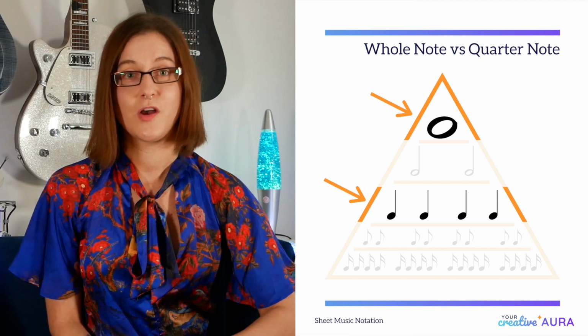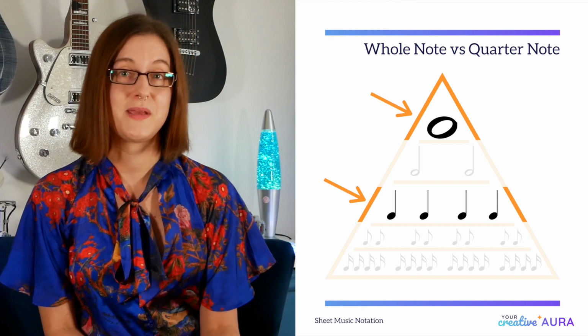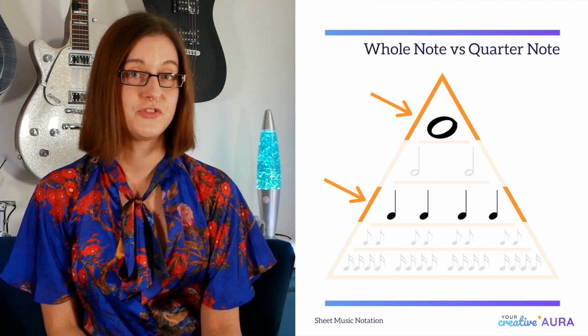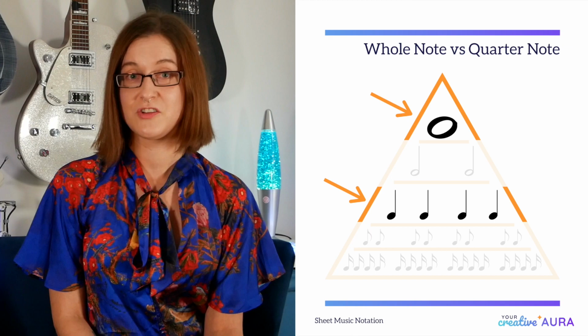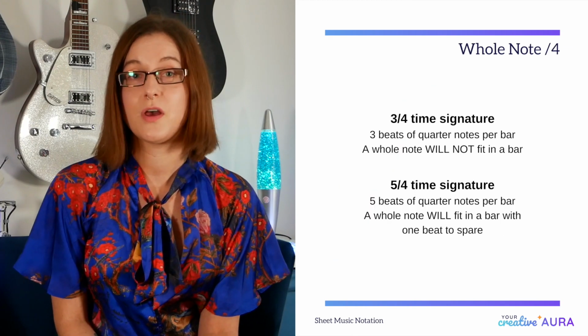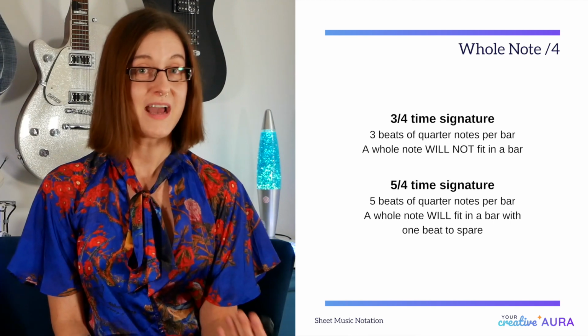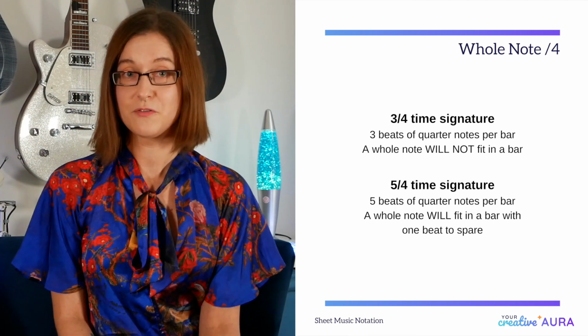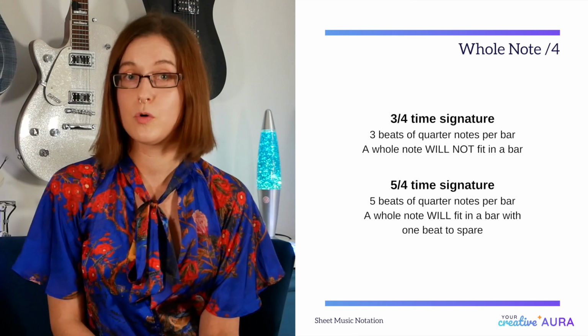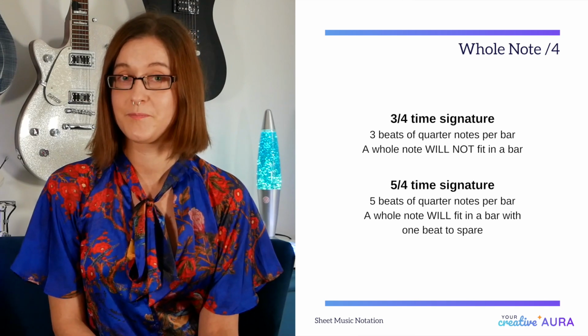However, depending on the time signature, the amount of beats a note can have will change. If the time signature is 3/4, a whole note will not fit into the bar. If the time signature is 5/4, a whole note will fit into the bar with 1 quarter beat remaining.